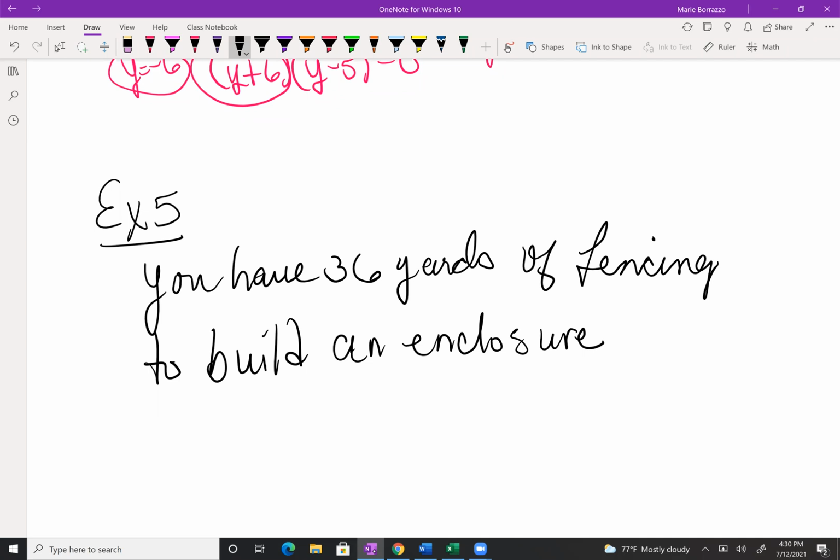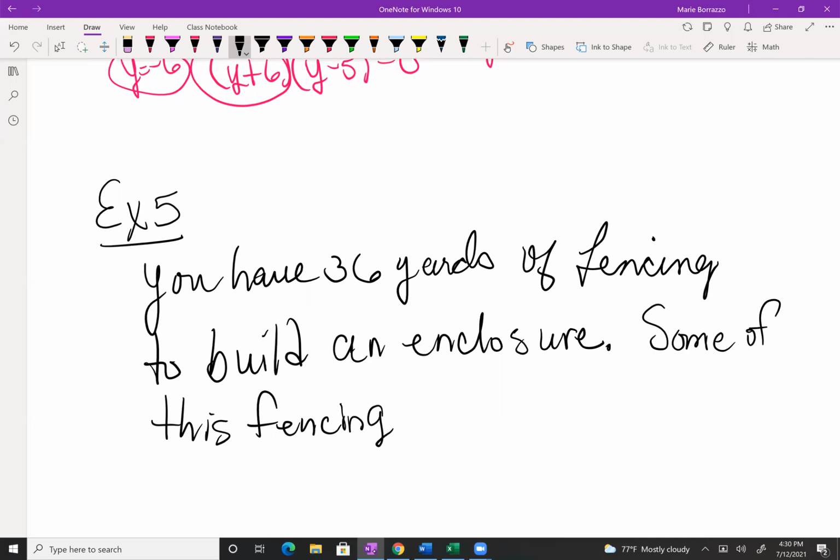It says some of this fencing is to be used to build an internal divider.